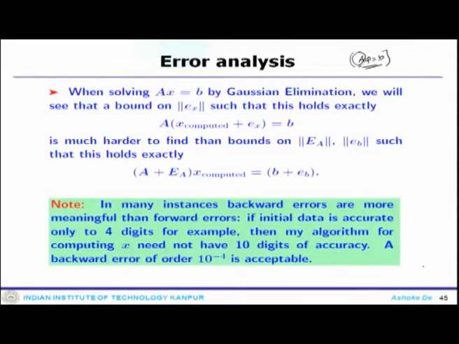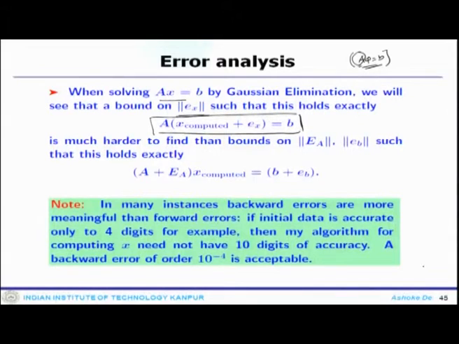When you try to find the solution for A x equals B, one very common approach is Gauss elimination. While solving A x equals B through Gauss elimination, we see that the bound on the error norm would be like this, A x computed plus E x.